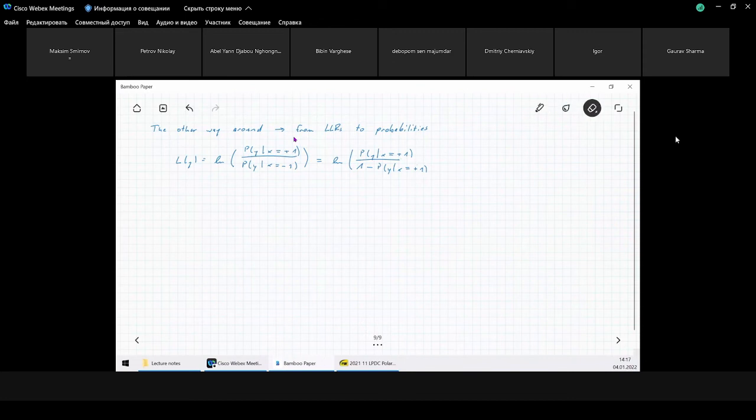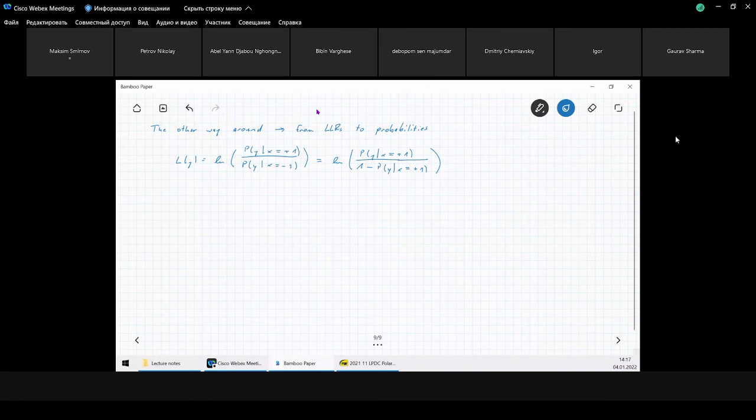Let's also write this nicely. It's not a bracket, it's a straight dash here for the condition. Okay. And I want to solve this for this probability here. So here I have the relationship between the probability for the bit to be a +1 and the log likelihood ratio.